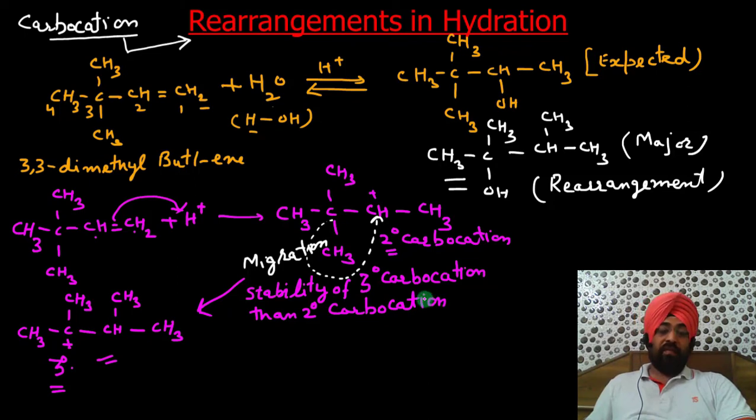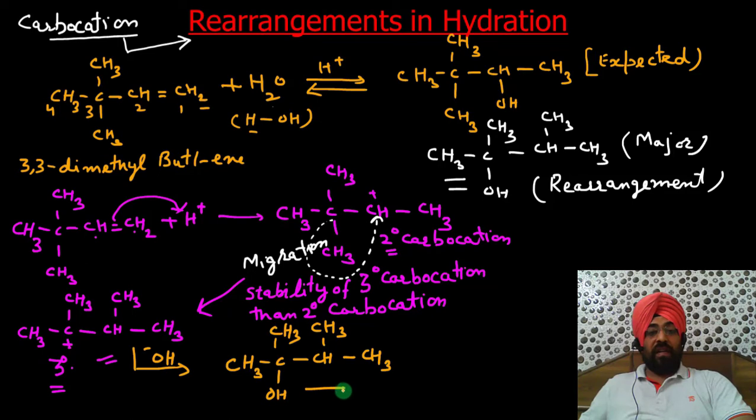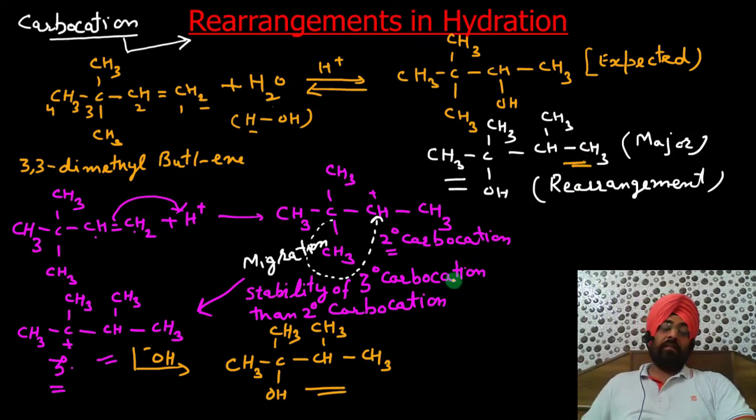That is the driving force behind this migration. Now the nucleophile attacks this carbocation, OH negative will add here, and we will get CH3, CH3 OH CH CH3, CH3. You can see this is the rearrangement product.